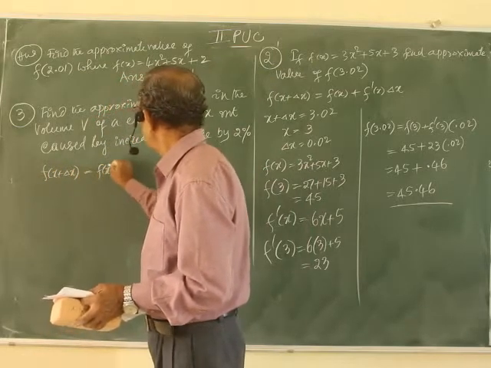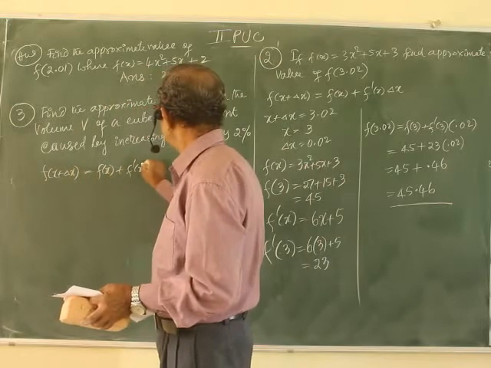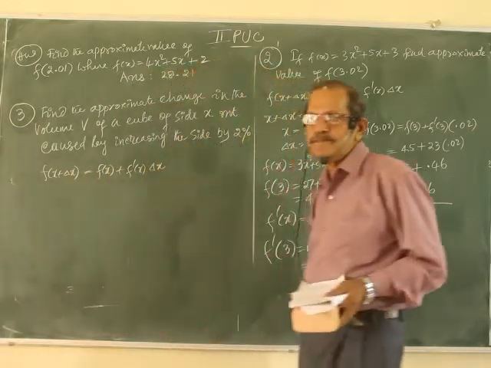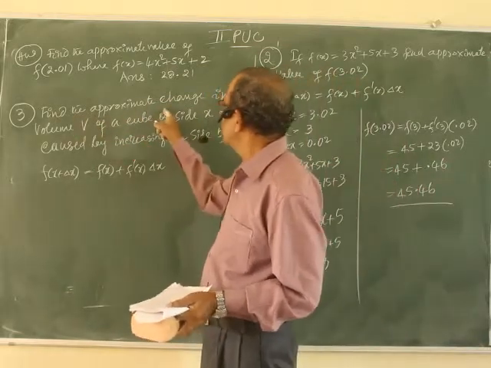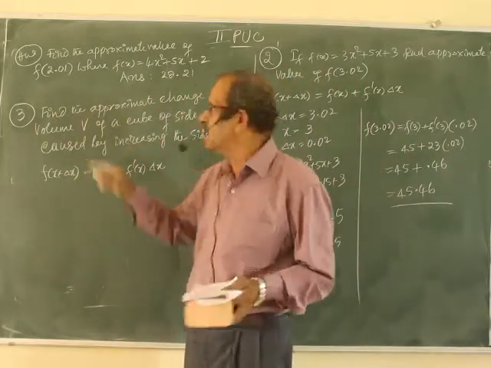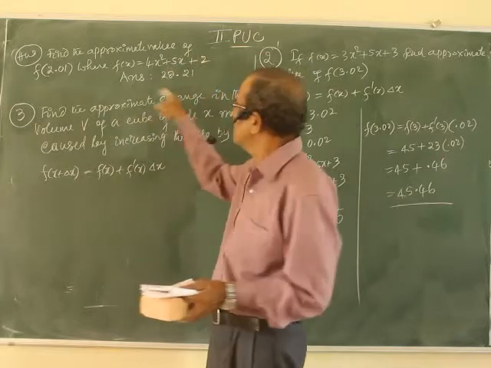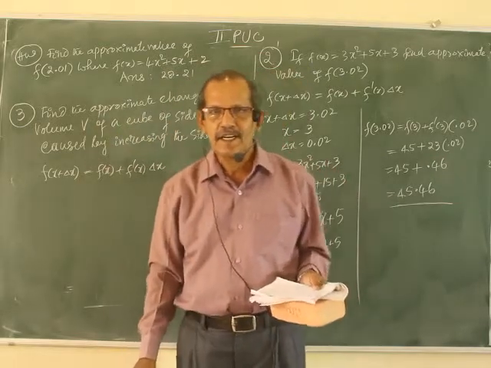Equal to f of x plus f dash of x into delta x. Now see, not the approximate value they ask. They ask approximate change in the value of the function.